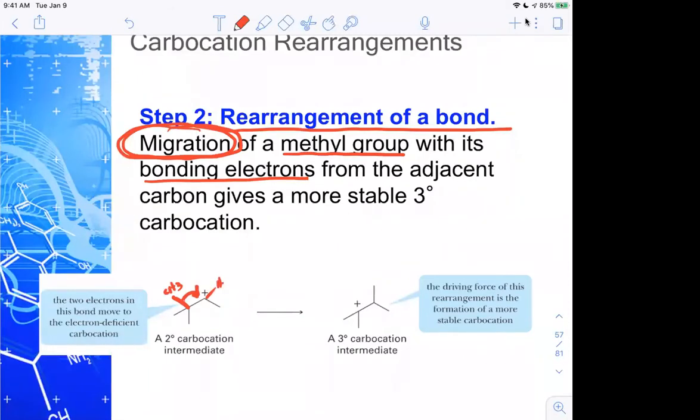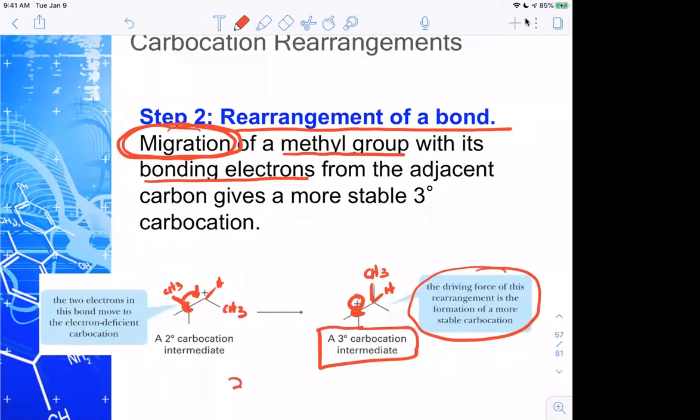Remember, this carbon has that hydrogen on it. And what I get is now this methyl group is over there, and my positive center just shifted to that carbon. So the driving force is the formation of a more stable carbocation, because remember, tertiary is much more stable than secondary. So there's a really large energy benefit in order for this reaction to occur.